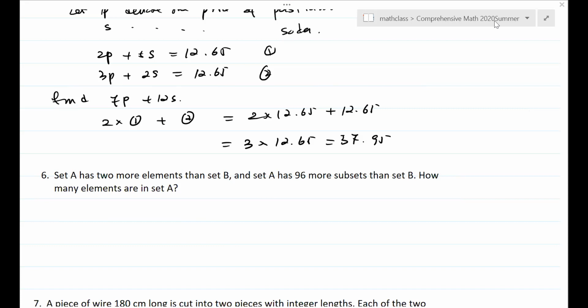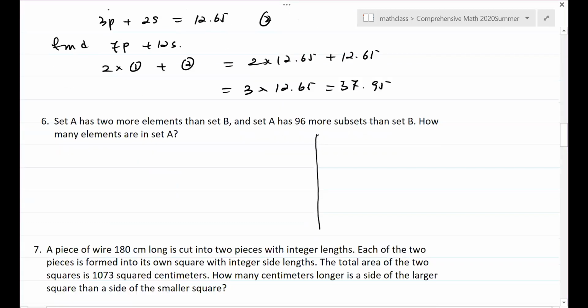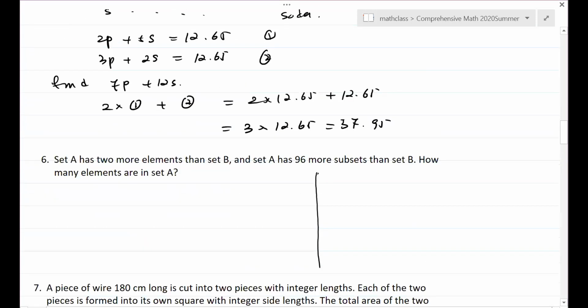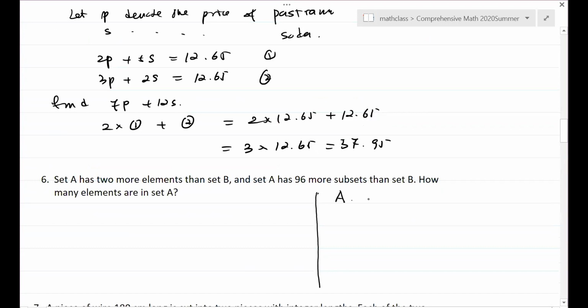First of all, you should know how to count the number of subsets of a set. Let me give you a side remark. If you have a set A with x elements, how many subsets are you going to have?